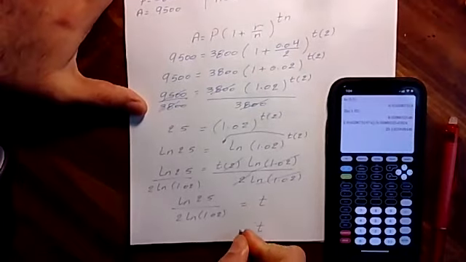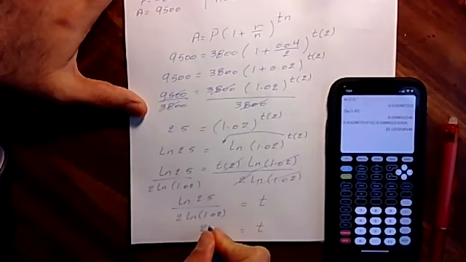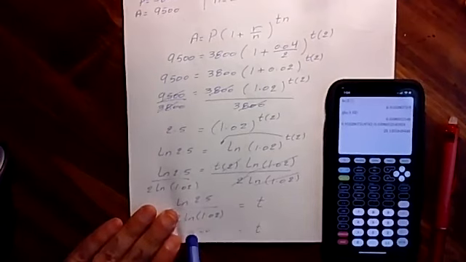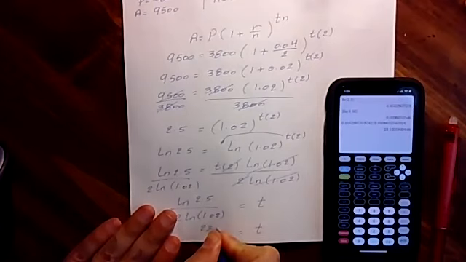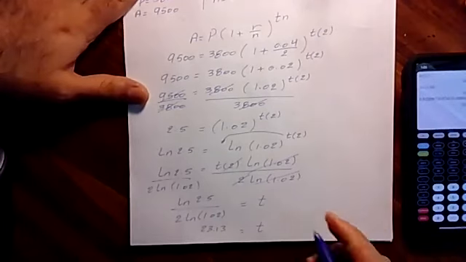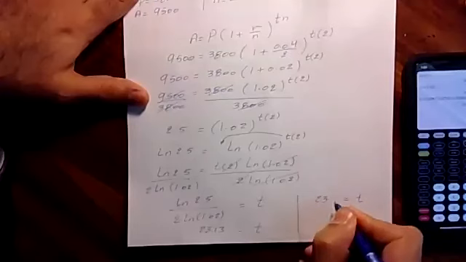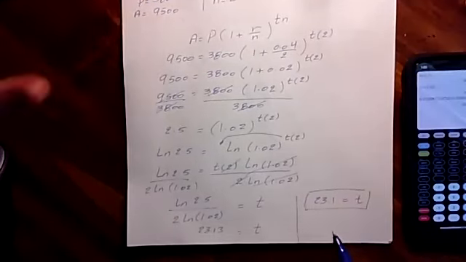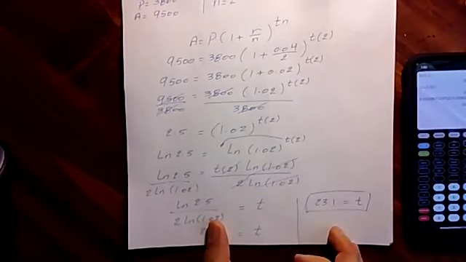Rounded to the nearest tenth, I got 23 years, 0.13. If we round this number, the solution is t equals 23.1 years. That's the result for this example.